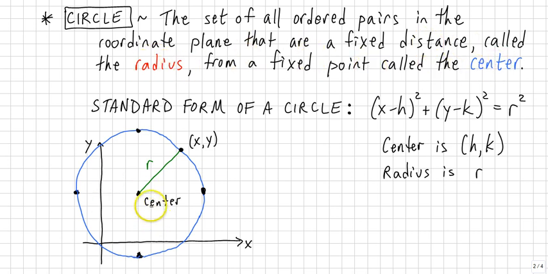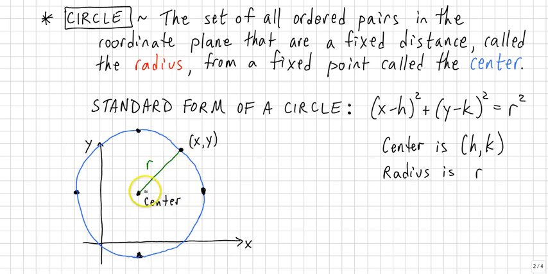So I've got my crude picture down here. By no means is this a perfectly drawn circle, so feel free to make fun of it. We've got our y-axis, our x-axis, so we're on the coordinate plane. We've got a point called the center, and then we've got this distance of r called the radius.